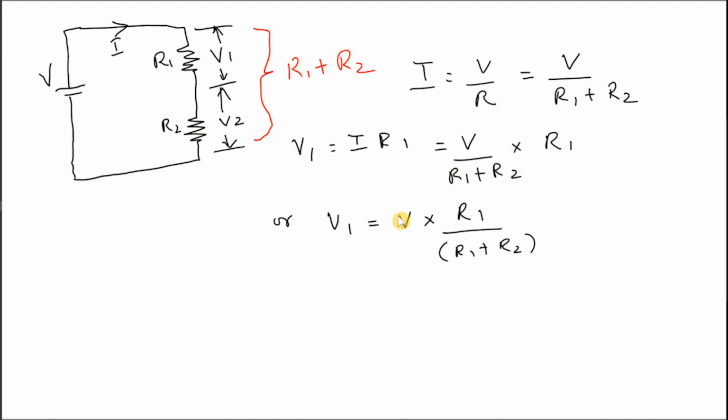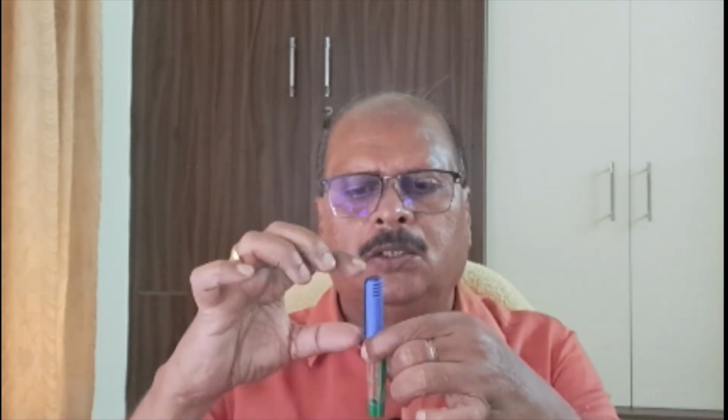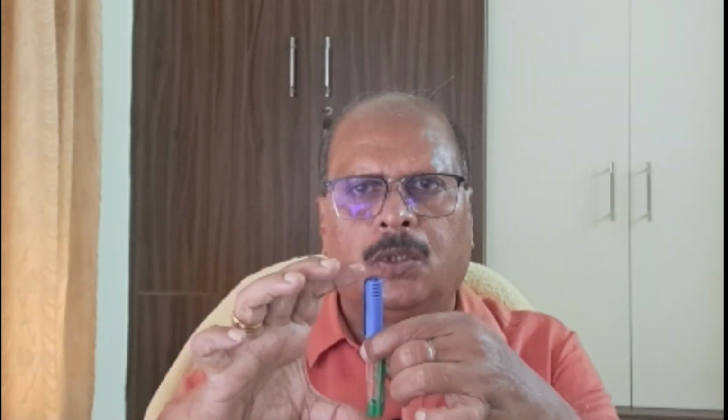V1 is equal to total voltage V into R1 divided by the sum of the two resistances. Similarly, V2 is equal to V into R2 divided by R1 plus R2. Voltage appearing across a particular resistance is total voltage into ratio of that resistance to total resistance.